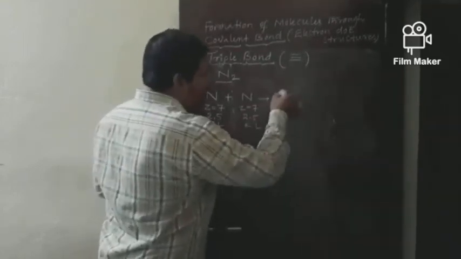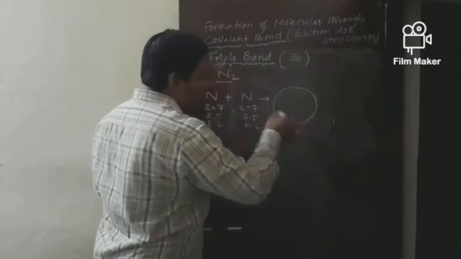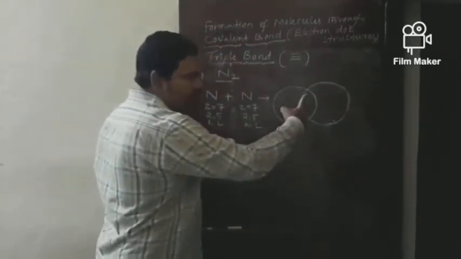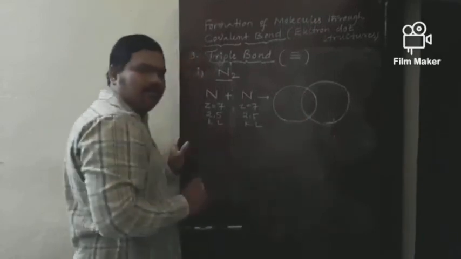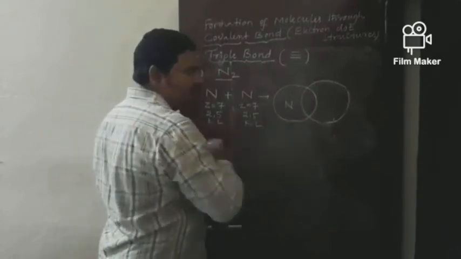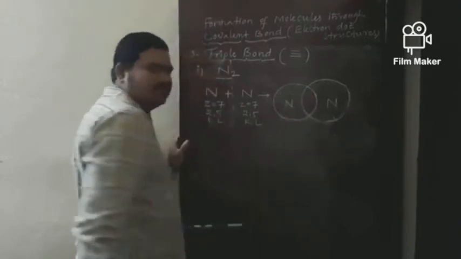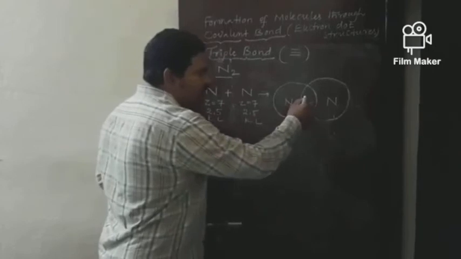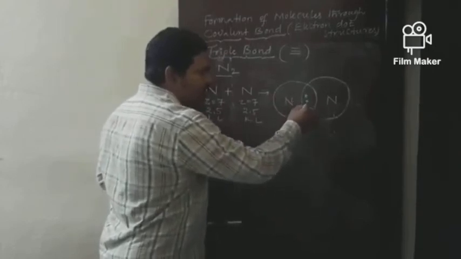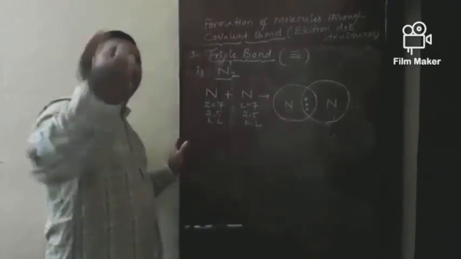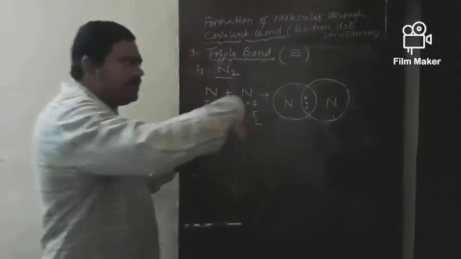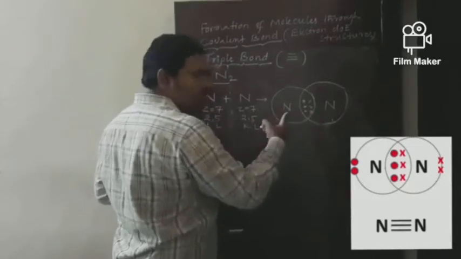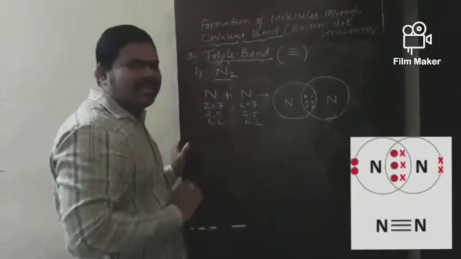For that purpose, this nitrogen takes part in bond formation with another nitrogen of the same configuration and requirement. During the bond formation, at appropriate internuclear distance, meaning overlapping position, a bond is formed. The first circle belongs to nitrogen, the second belongs to the second nitrogen. Each nitrogen contributes 3 electrons to the other.